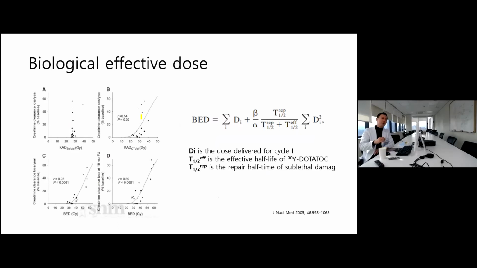There are some concerns about using absorbed dose in dosimetry for PRRT. Since in PRRT we do repeated therapy, what we can get is first a cumulated absorbed dose.